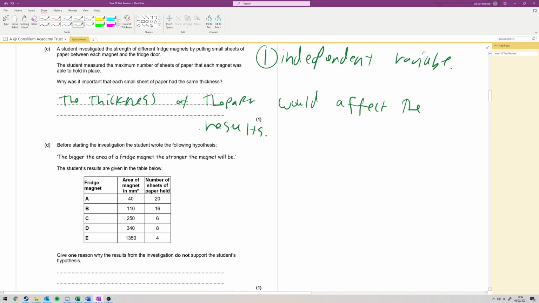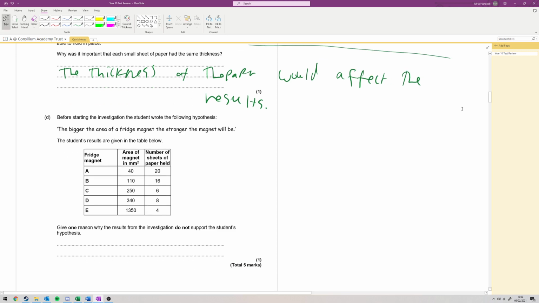You can't say to keep it a fair test. If you ever write the words "so it is a fair test," you get 0 marks on every single question. It's not specific enough. You need to say what part of the test is not fair. Well, you need to say that the thickness of the paper would affect the results, or you can only have 1 independent variable in an experiment.